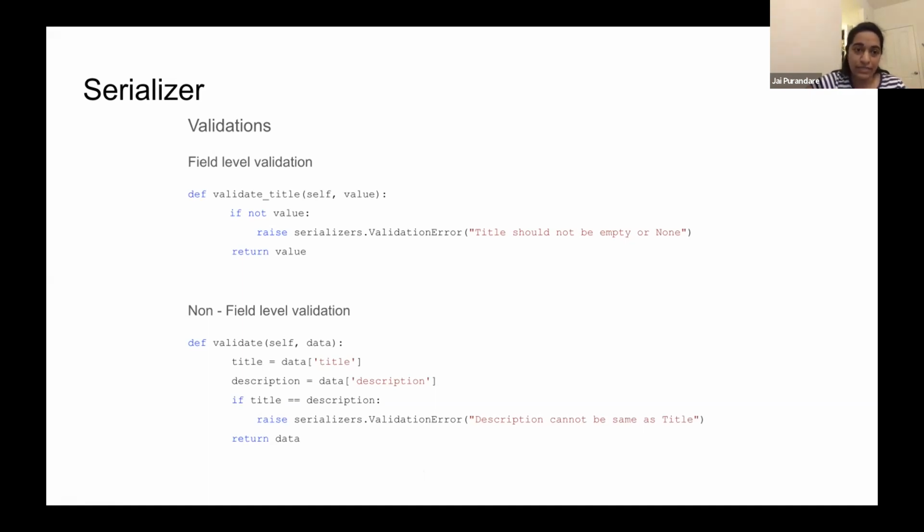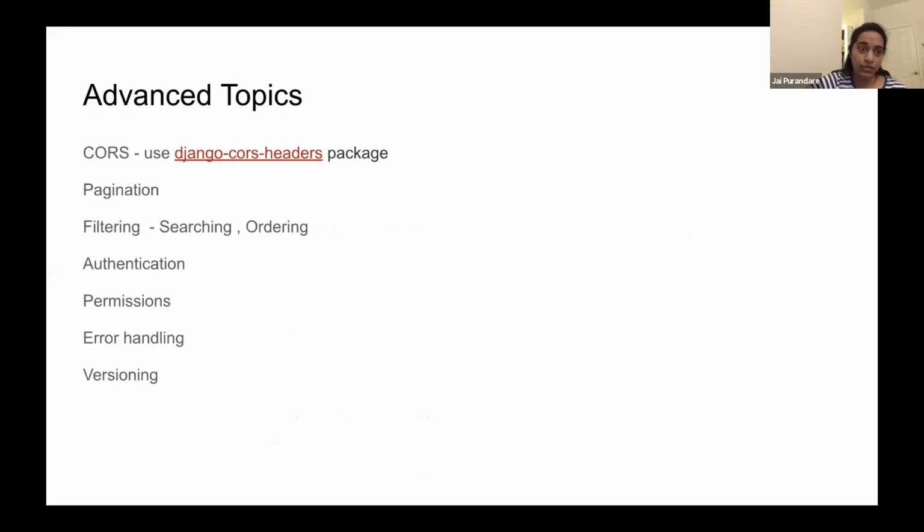So these are the basic things that you need to get started with DRF. There are so many things that it already provides. There is pagination, there is filtering, searching and ordering is already given. All you need to do is declare some one-liners in your code. Authentication, permissions, error handling.